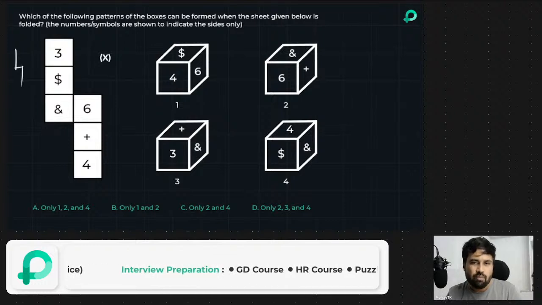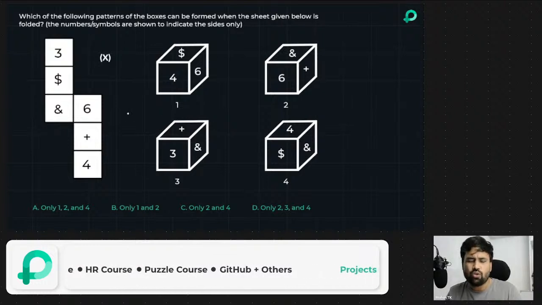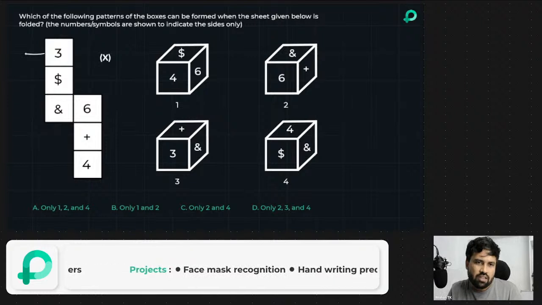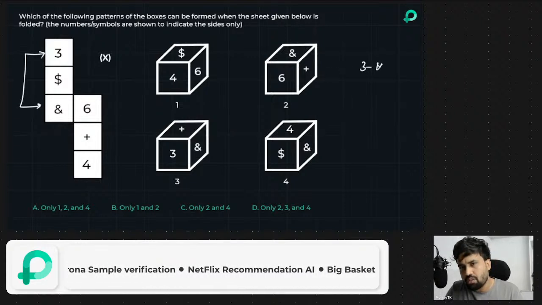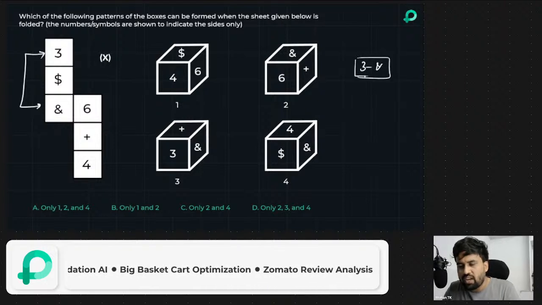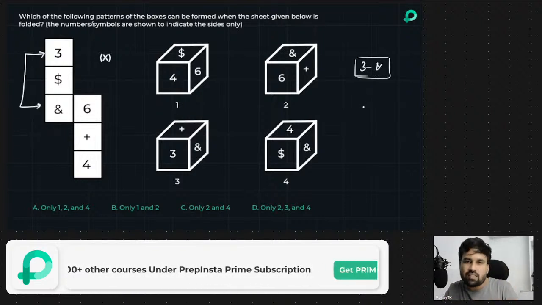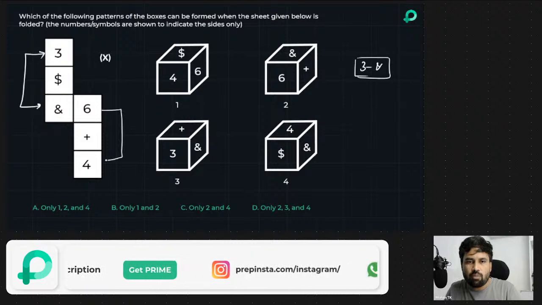But if you know the actual background of this, you don't have to confuse yourself. So remember, 3 is opposite to ampersand. When you have two opposite faces, remember, they cannot be together. This is the idea you need to get in your brain. That's it. And 6 is opposite to 4.